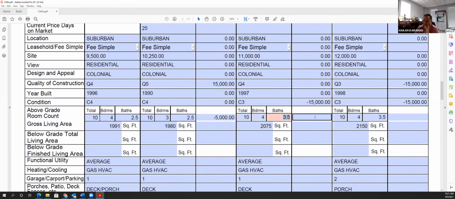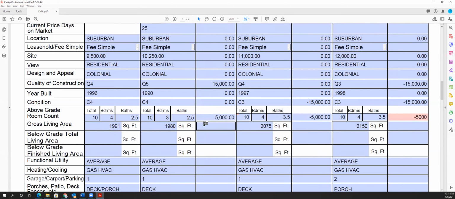Ours is 2.5 bathrooms, therefore they get a $5,000 credit. And this would be plus 5,000. So 10 rooms for 3.5 bathrooms. Again, in here, this is going to be minus $5,000. Again, a lot of appraisers use different calculations.